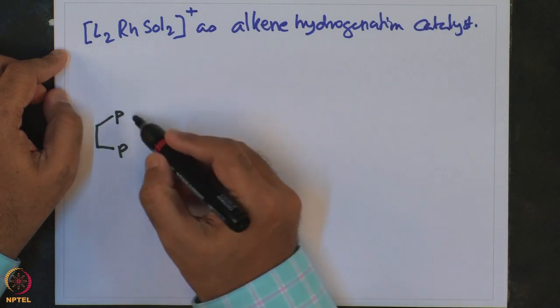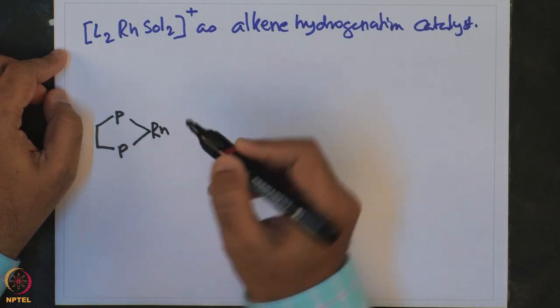These are chelating phosphine ligands bound to rhodium.